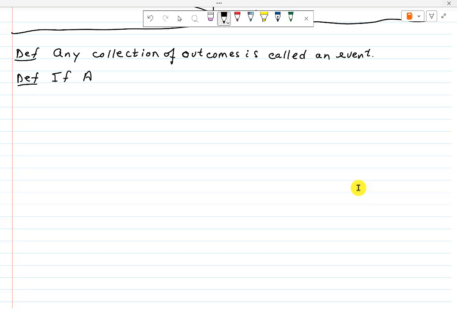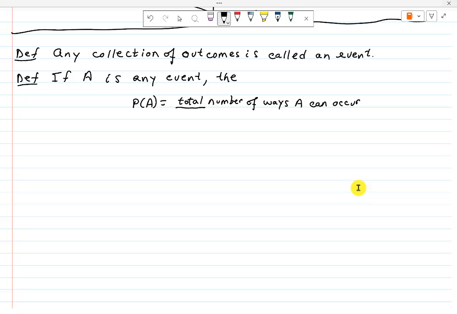If A is any event, then the probability of that happening, so the probability of A occurring, equals the total number of ways A can occur. We're going to divide that by the total number of possible outcomes.